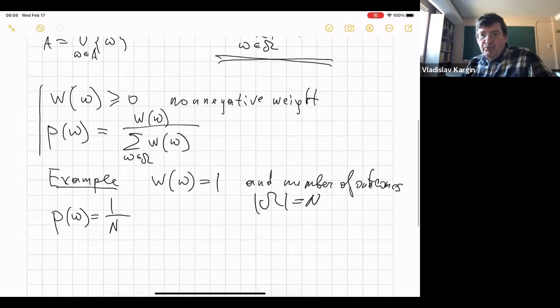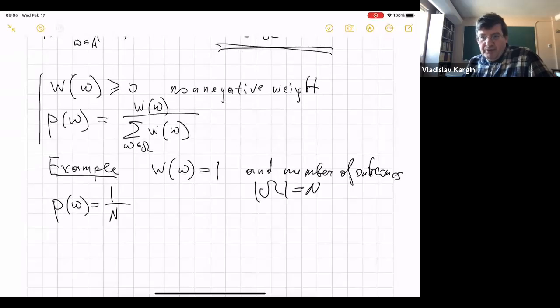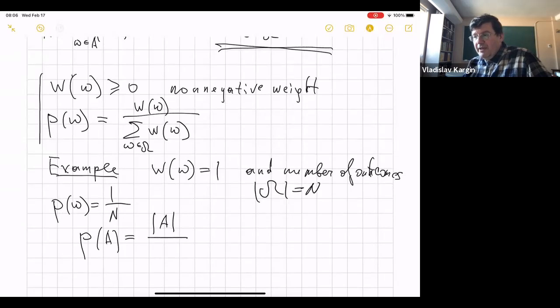And we are back to this rule, the rule by Laplace, that the probability of each event is equal to the number of outcomes in the event divided by n, the total number of outcomes.